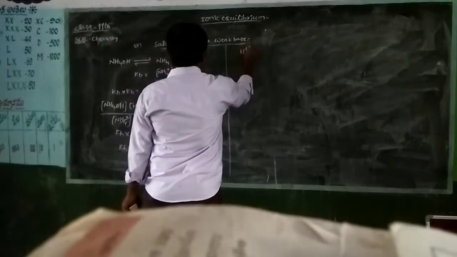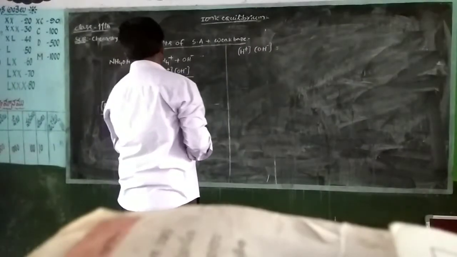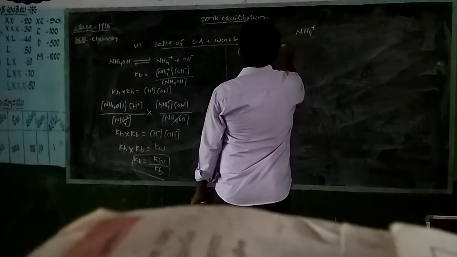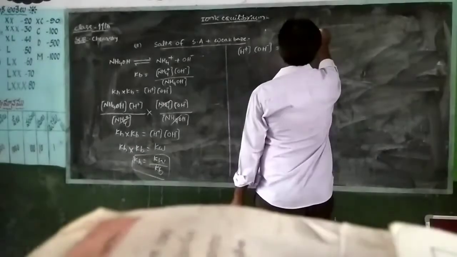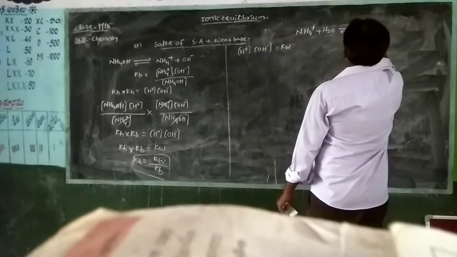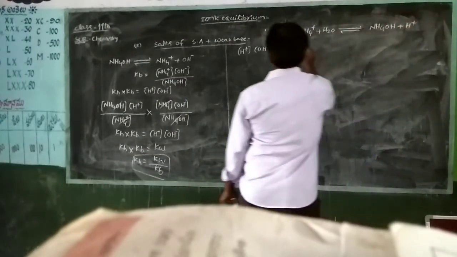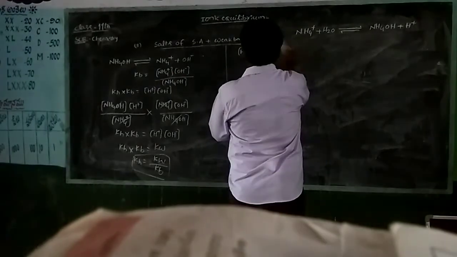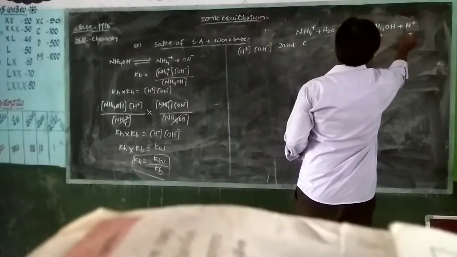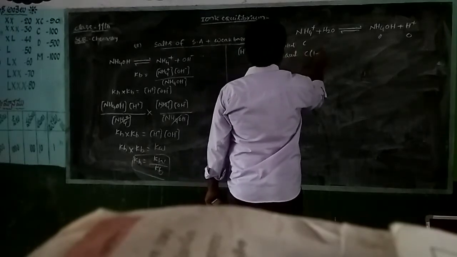Already discussed, NH4 plus H2O in reversible reaction, NH4OH plus H plus concentration, already given for initial C. This is the 0 0, at equilibrium C into 1 minus h.